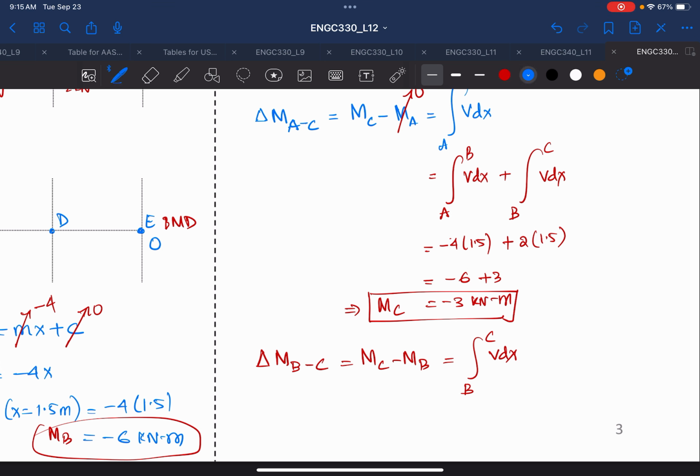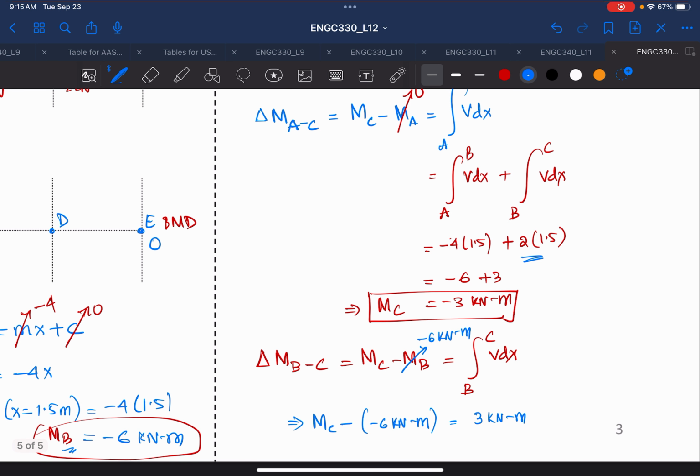And we know that MB, we already calculated MB over here, and this MB will be equal to minus 6 kilonewton meter. So this implies that MC is equal to MB, minus 6 kilonewton meter, plus the area from B to C, which we know is equal to 3 kilonewton meter.